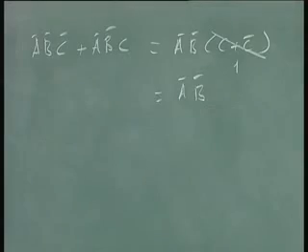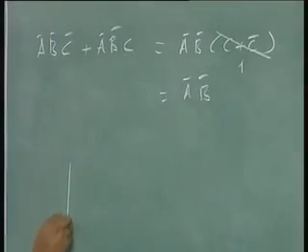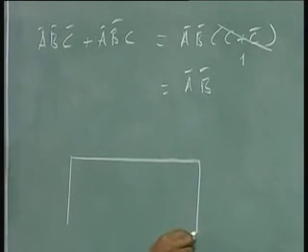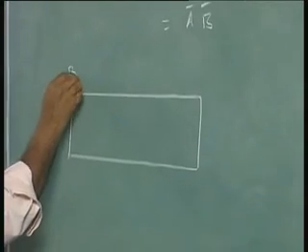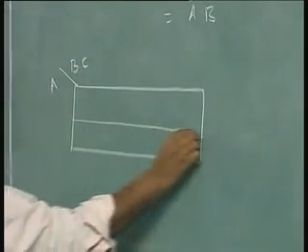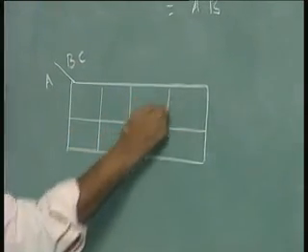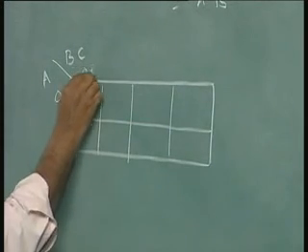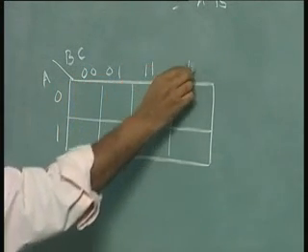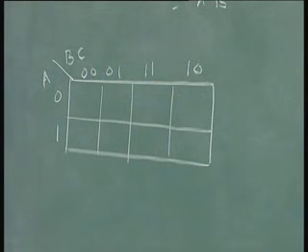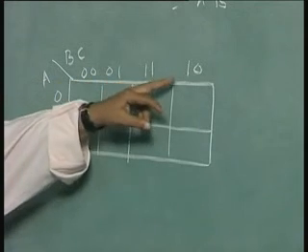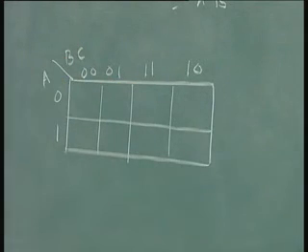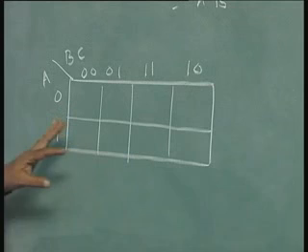So let us map our original function which we have been talking about the last couple of classes. This is how you write the map. You always write the map like this with all the cells and mark zeros and ones on the left hand side for this variable and zeros and ones on the top for these variables, then only the map is complete.